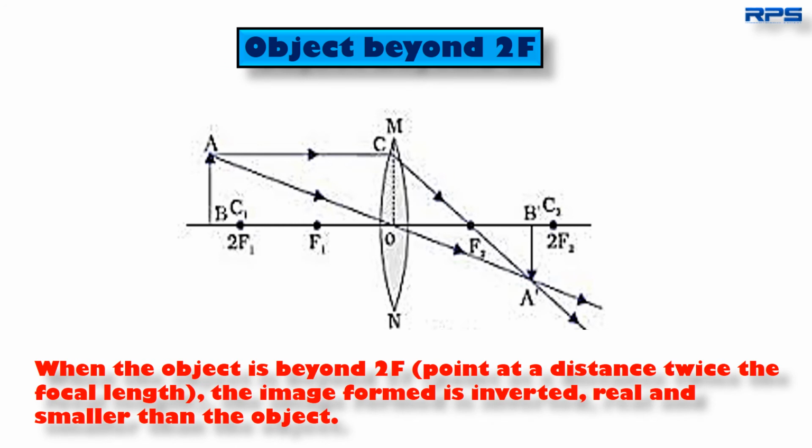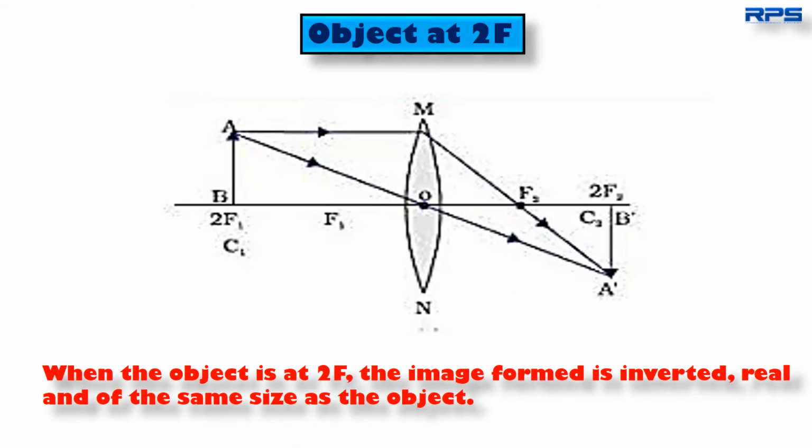When the object is beyond 2f, the image formed is inverted, real and smaller than the object. Object at 2f. When the object is placed at 2f, that is at a distance twice the focal length, the image formed is inverted, real and of the same size as the object.